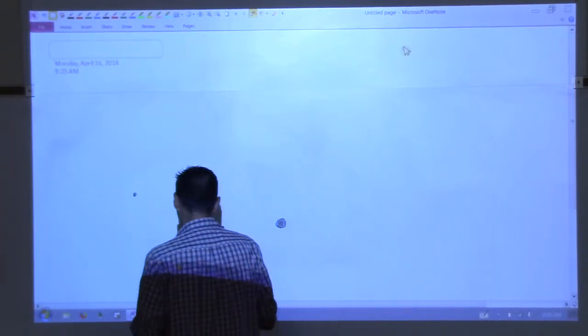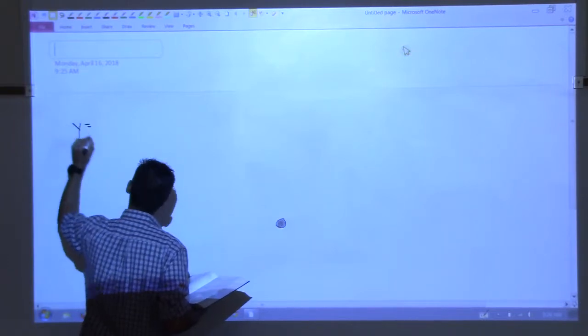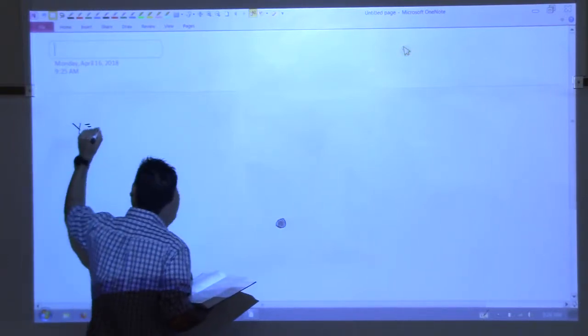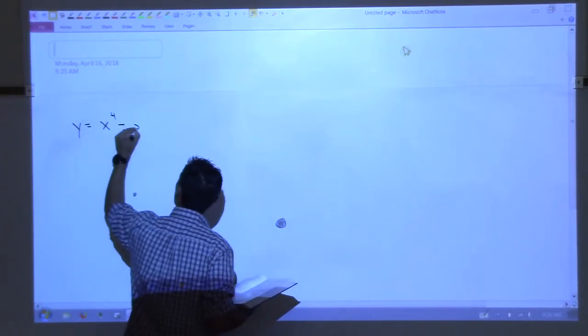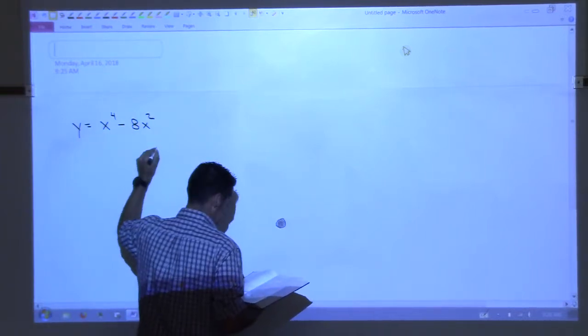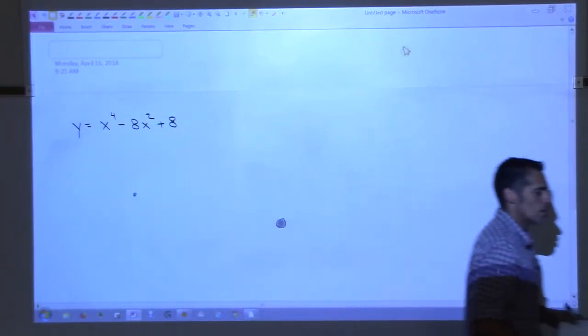I kind of don't want to do a polynomial because you've already taken college algebra, but we'll do one. All right, x to the fourth minus 8x squared plus 8. All right, so our goal is to sketch that.